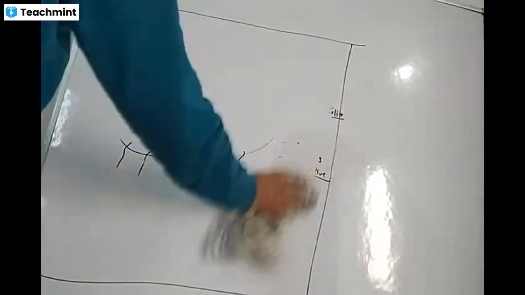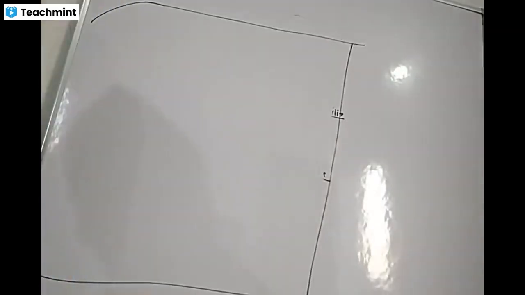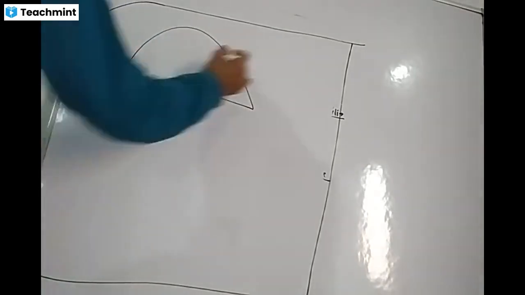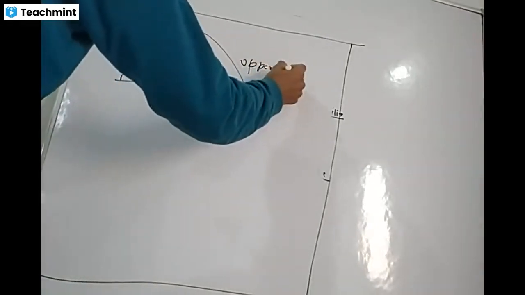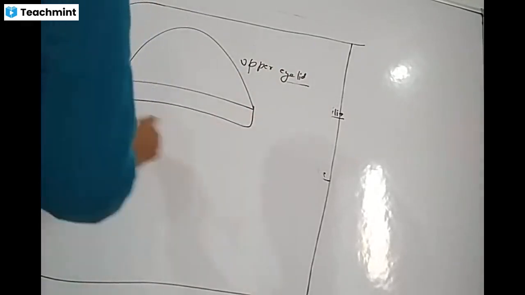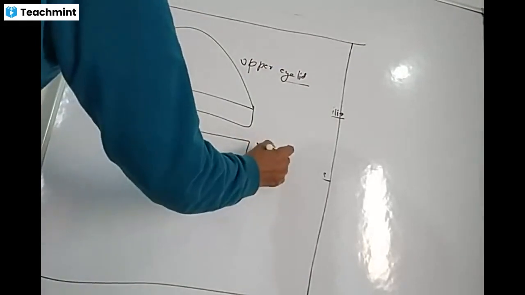So we'll see this is your upper eyelid, and this is your lower eyelid.